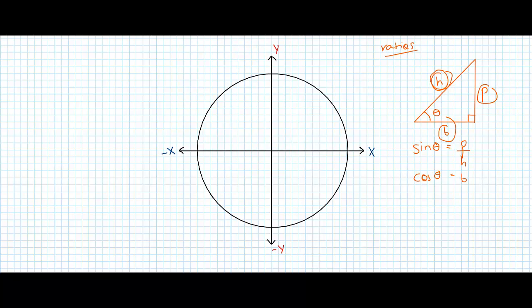So that becomes B by H. And the tangent of this angle theta is the perpendicular divided by the base, so that is P by B, or it is also written as the ratio of sine theta by cos theta, okay. That is our standard trigonometric ratios definition.